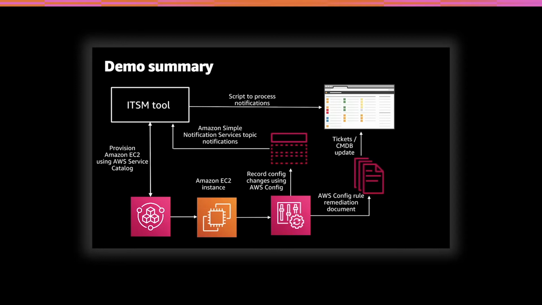In our case, we were able to see that the EC2 instance was non-compliant, and then we moved to step number 3, which is notification. In our case, we use an ITSM tool, for example, ServiceNow, but you could potentially extend it to other ITSM tools or orchestration tools. We did that in two ways, one through SNS and the other one by triggering a Systems Manager document.